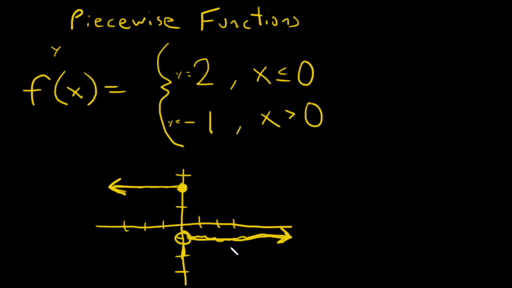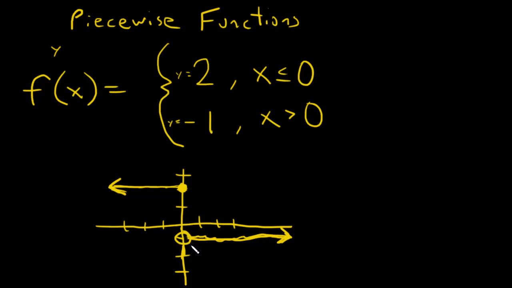So now this is the completed graph of the piecewise function defined above. The first function, y equals 2, lives for all values of x that are less than or equal to 0, so everything equal to 0 and to the left. The next function, y equals -1, lives for all values of x that are greater than 0, but not equal to 0, so we put the open circle right there.